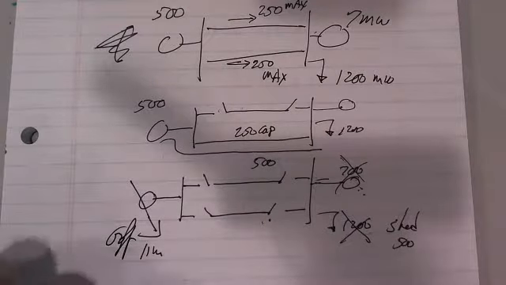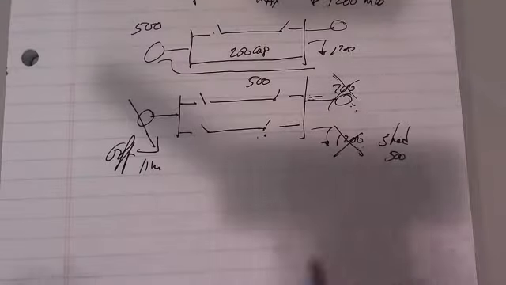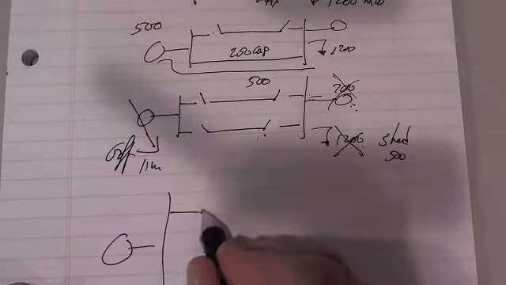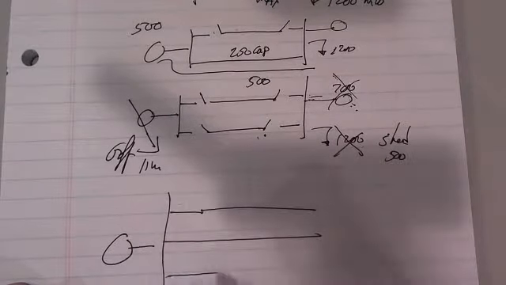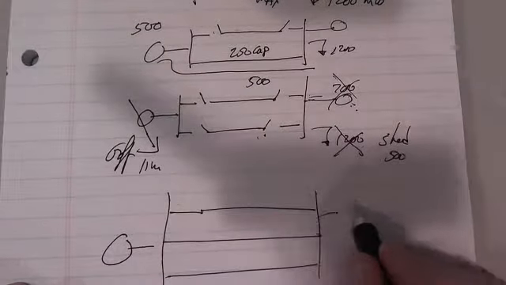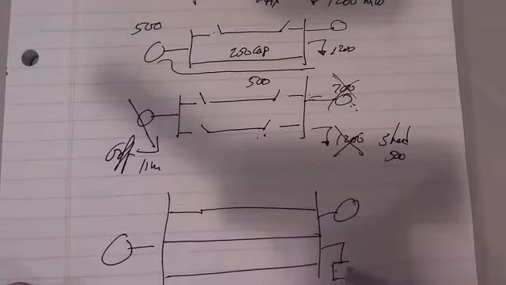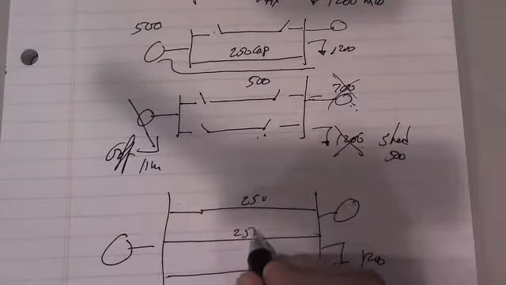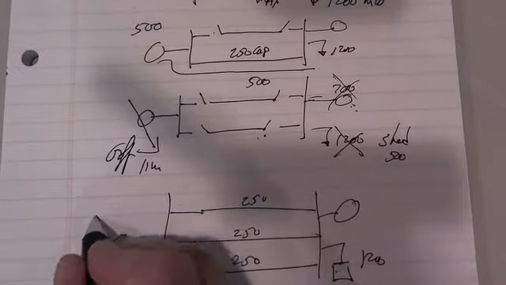And one way of doing that would be this. Three lines. There you go. 1,200, and these can take 250, 250, 250, and this has got a 500.